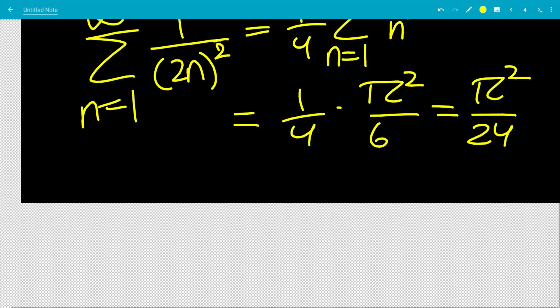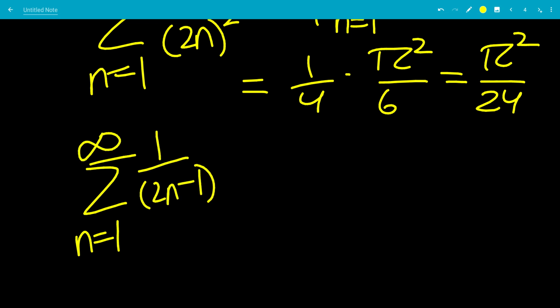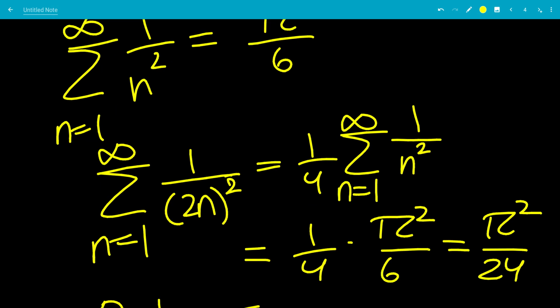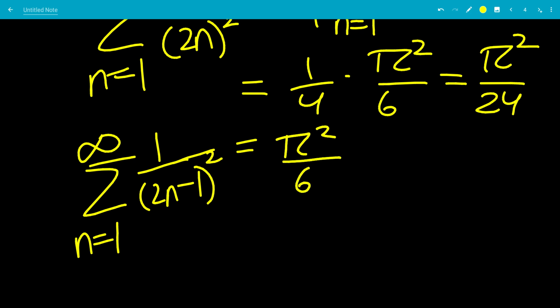So how do we get the odd parts? We have the sum from n equals 1 to infinity of 1 over 2n minus 1 quantity squared, because we want to start when this is 1. Okay, they have to add up to be this pi squared over 6. So this is really pi squared over 6 minus pi squared over 24.